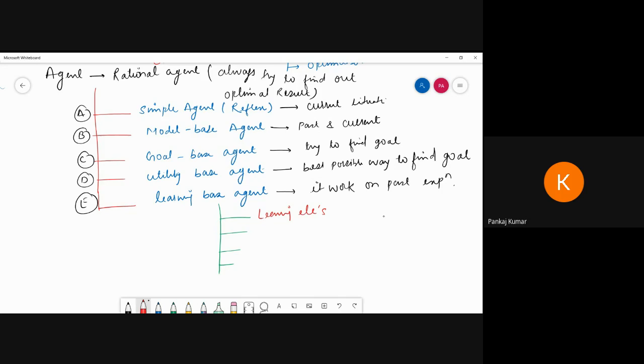The second one is the critic, which gives feedback, so it works on feedback improvement.